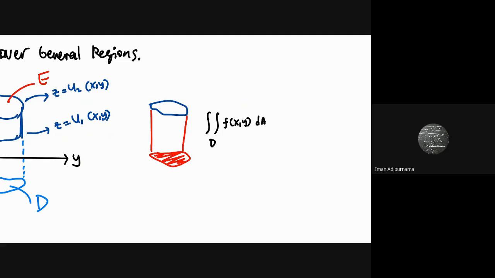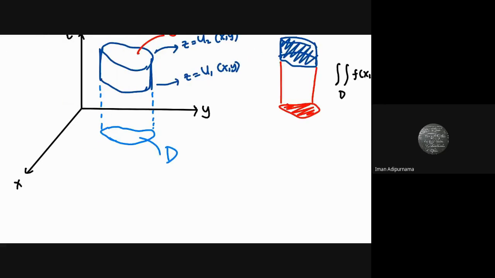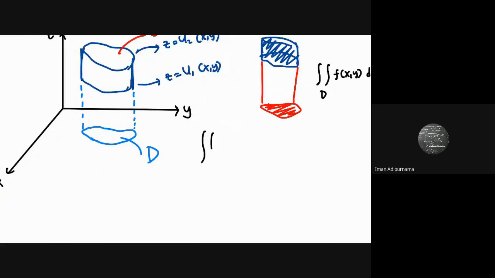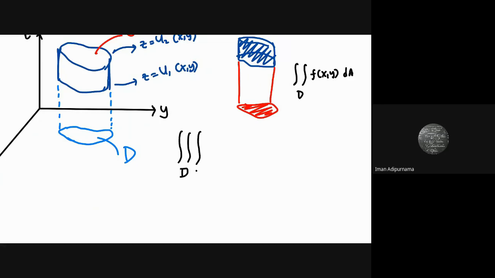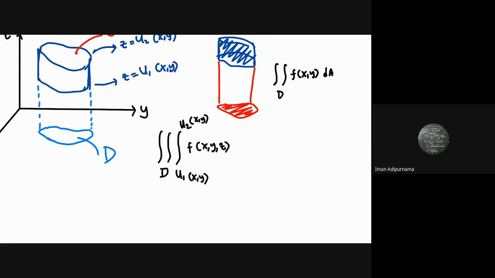Now, we make this a solid E here. What will happen is you still have D, but you have another integral that sets up u1 and u2. And this will be f(x,y,z), and this becomes dz dA. Okay, get it? That's how the pattern goes.